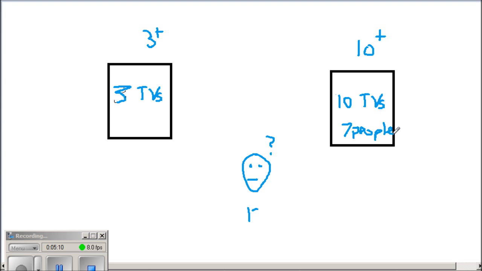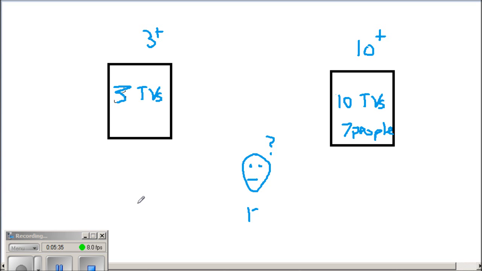And these are not sociable people. These are like electrons, so they repel each other. And they also don't like sharing, like flipping between channels. They hog TVs. So which one would you rather go to? The sports bar that has 10 TVs and 7 people in it, or the sports bar that has 3 TVs and no people in it?